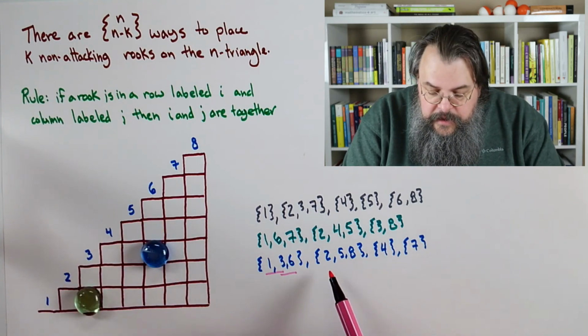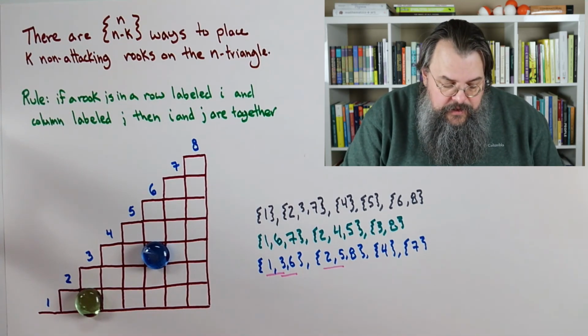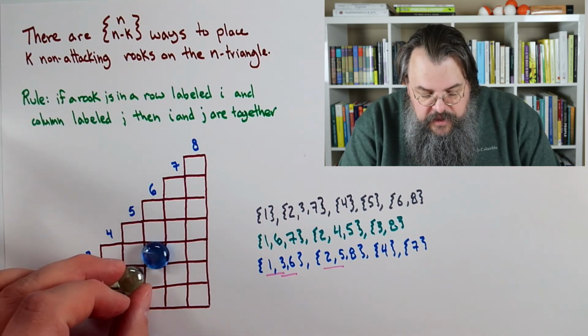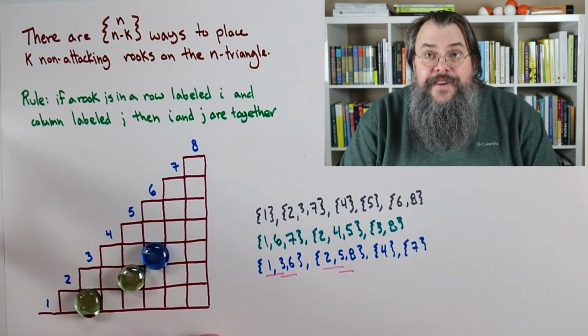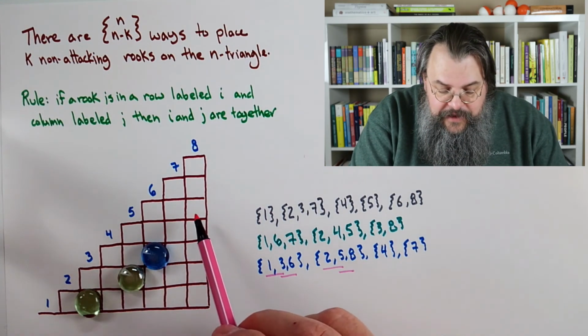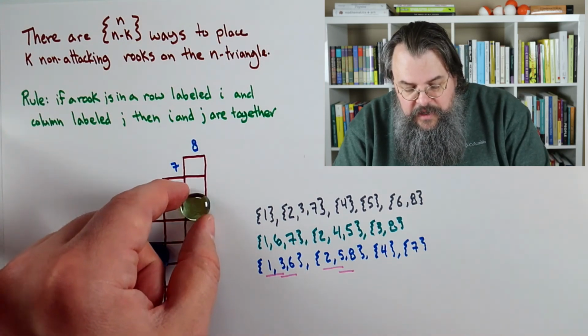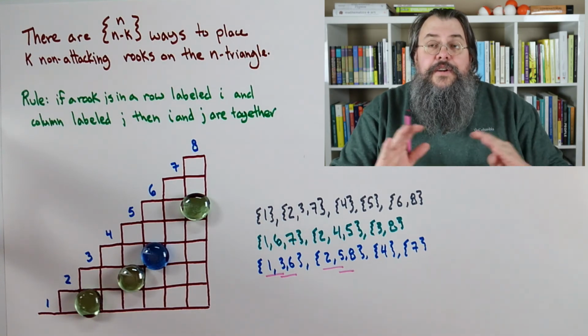Okay, we have some more. 2, 5. Wherever I see 2 going up to 5, I'm going to put a rook down. Great. And 5, 8. So 5 up to 8 means put down a rook. And 4 and 7, look, there's no pairs.